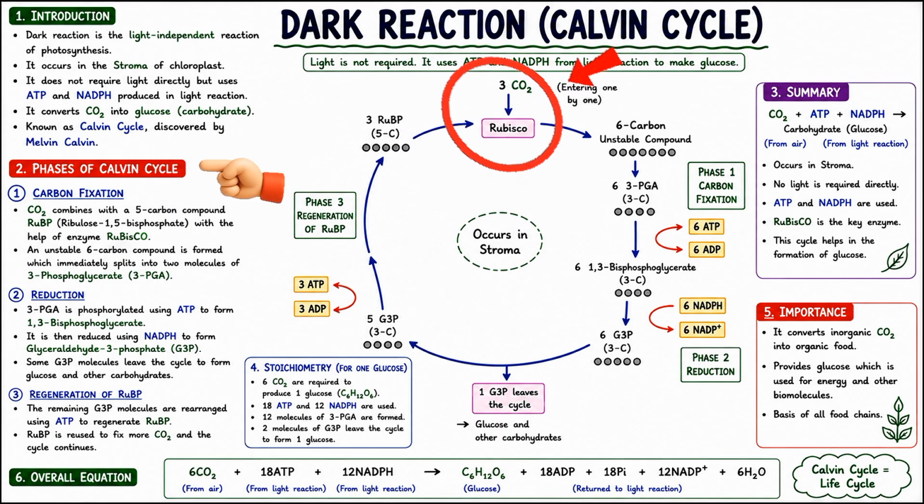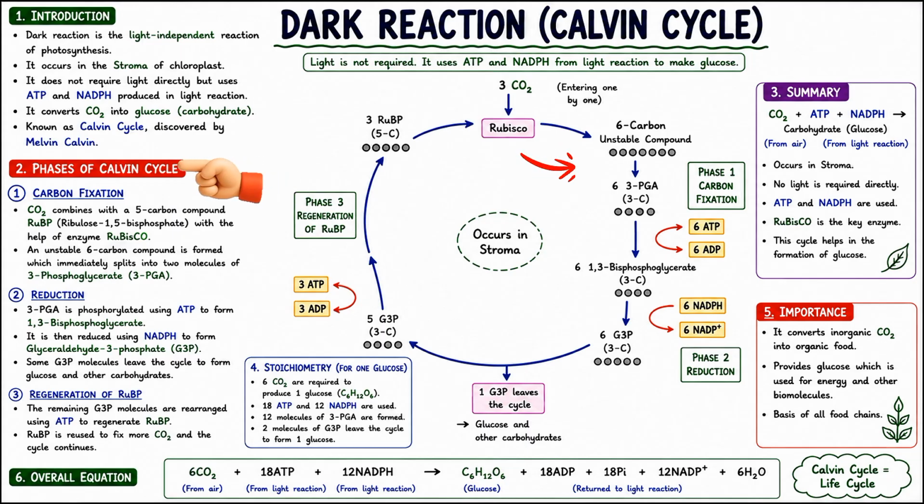This reaction is catalyzed by a very important enzyme called Rubisco, which is considered the most abundant enzyme on earth. This is a very important MCQ also. When carbon dioxide combines with RuBP, an unstable 6 carbon compound is formed.